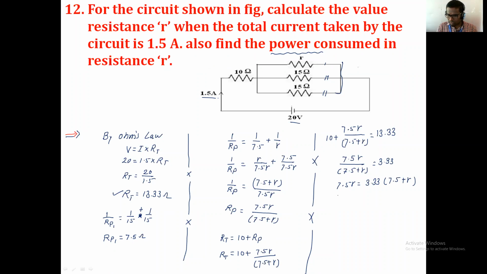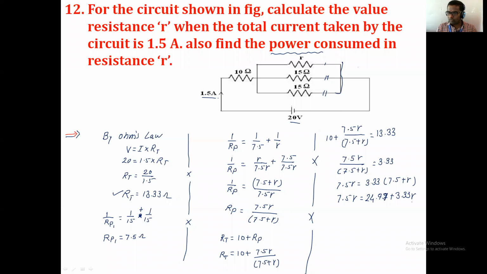So can you give me that 7.5 R, which is equal to 3.33 multiplied by 7.5? 24.97. 24.75. 24.75 plus 3.33 into R is there.